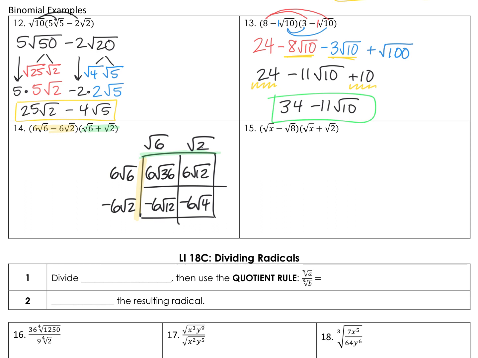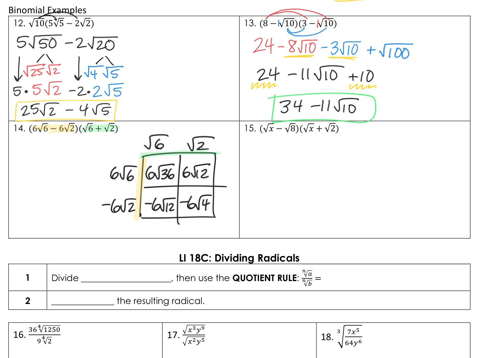Six root 36, positive 6 root 12, negative 6 root 12, negative 6 root 4. Remember, you've got root 36 there because you did 6 times 6. The 12s come from the 6 times the 2s, and the 4 comes from the 2 times 2.